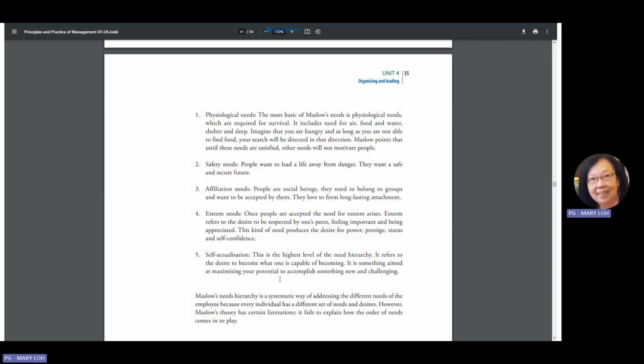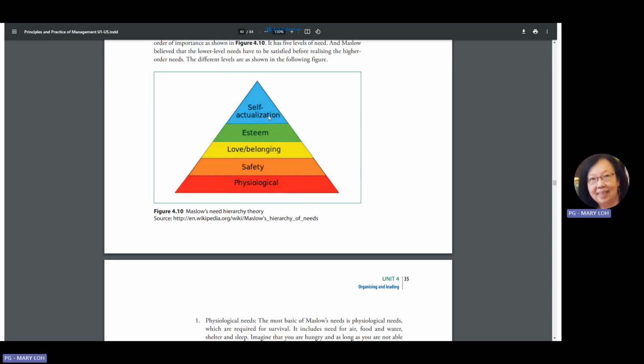So that's why I say this will not apply to the lower level staff, to junior staff, because the junior level staff are more concerned with the first 4 levels rather than the last level. When I say first 4, I'm referring to from the bottom up, so this is the highest level. So this might not actually be important for everyone. Normally it is more for the senior level staff.